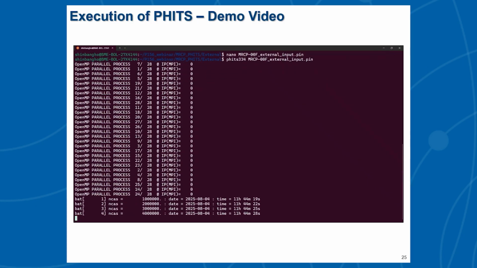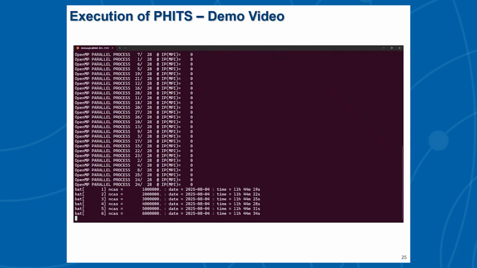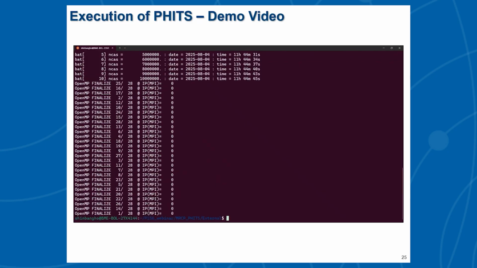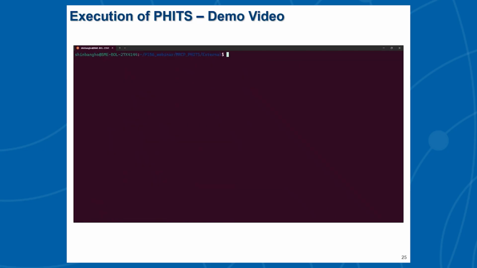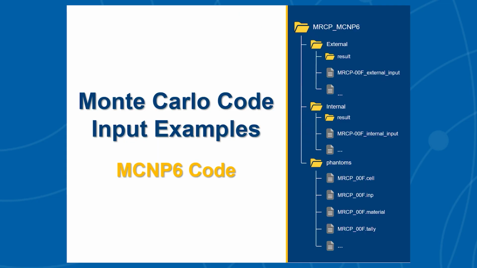Once the simulation is done, you can just open the result file and see the dose values. This is the end of the FETCH code explanation, and the next code is MCNP6.